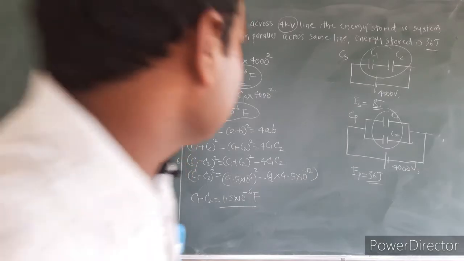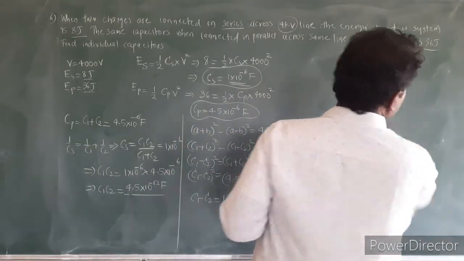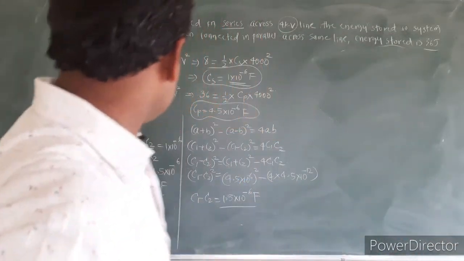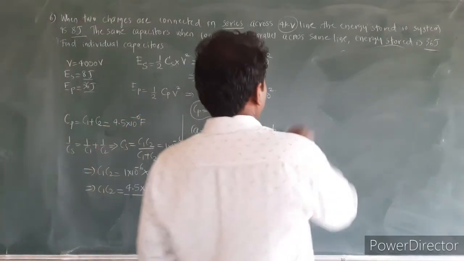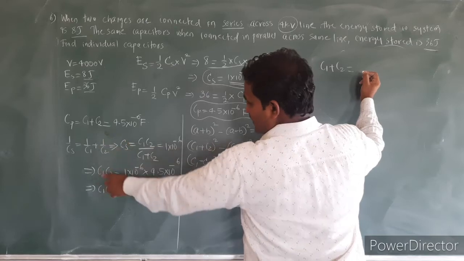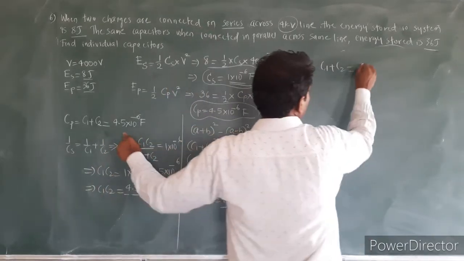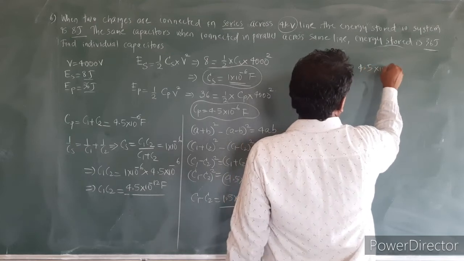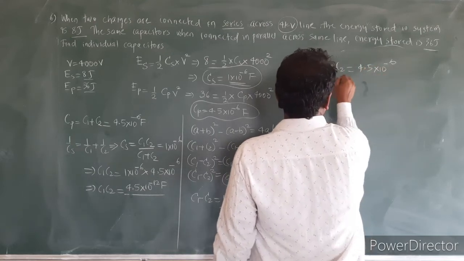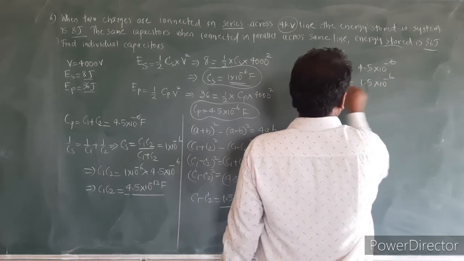Now I have the value of C1 plus C2 as well as C1 minus C2. Using both, I can easily find the values of C1 and C2. C1 plus C2 is equal to 4.5 into 10 to the power of minus 6, and C1 minus C2 is equal to 1.5 into 10 to the power of minus 6.